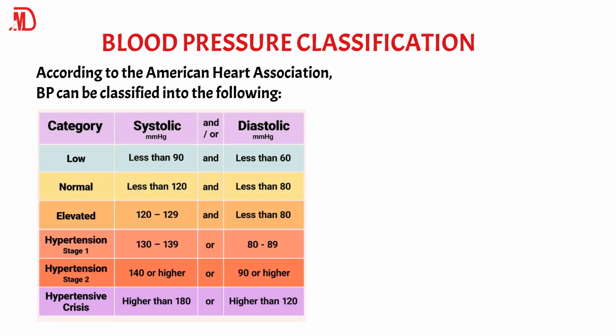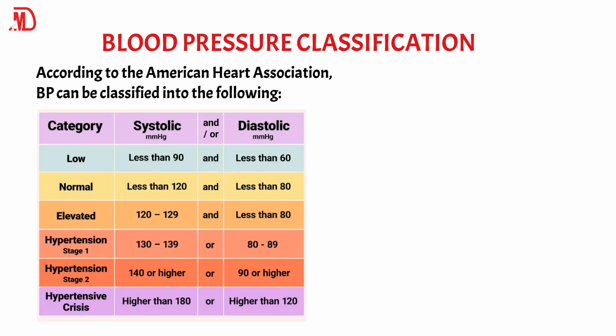1. Low blood pressure. This means that the blood pressure is less than 90/60 millimeters of mercury. In normal blood pressure, it is less than 120/80 millimeters of mercury, but of course, not less than 90/60. So it's a range. It is never a single value, as many of you might think.